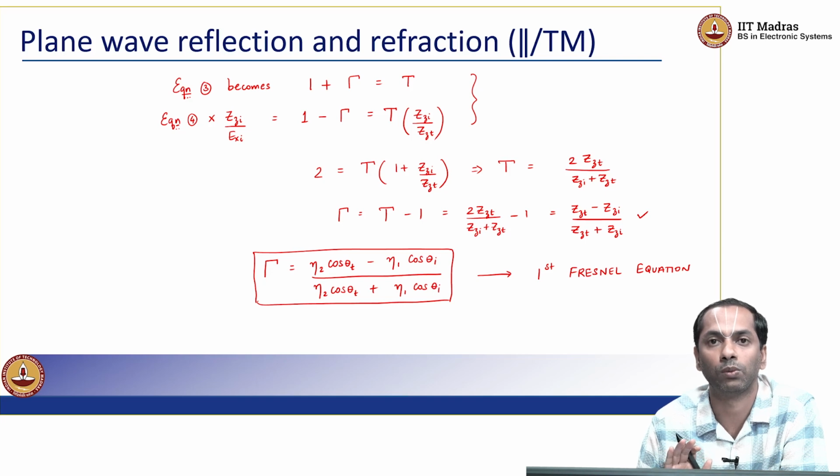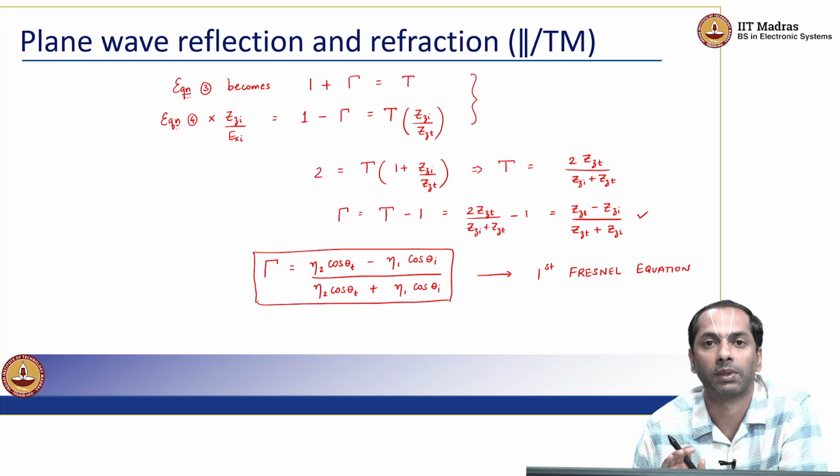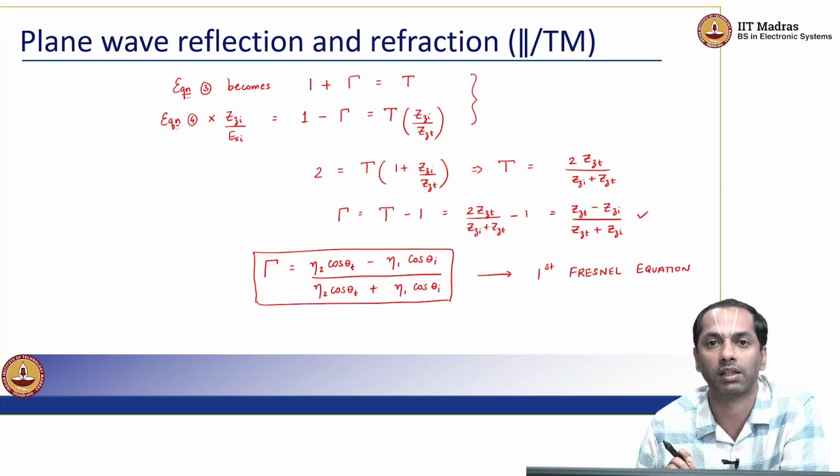And now through gamma and t, which are the field reflection and field transmission coefficients, we are actually able to also calculate the amount of reflection and amount of transmission, right. So this is something that you have not covered in your high school, right. You are actually in the ability to say, given an arbitrary choice of 2 media and electromagnetic waves incident from one direction, you should be able to calculate how much is reflected and how much is refracted. Okay.